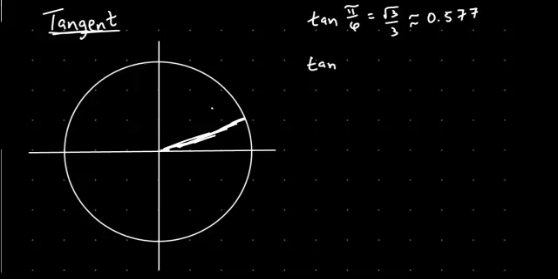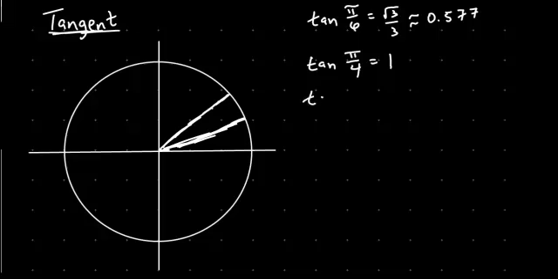Tangent of pi over 4, that one was easy because its sine is root 2 over 2 and cosine is root 2 over 2, so it's 1. So that is the tangent of that line there. When theta is pi over 4, the slope of that line is 1.